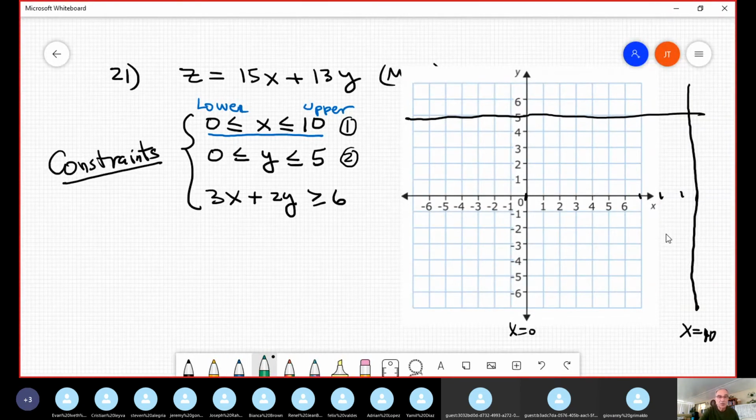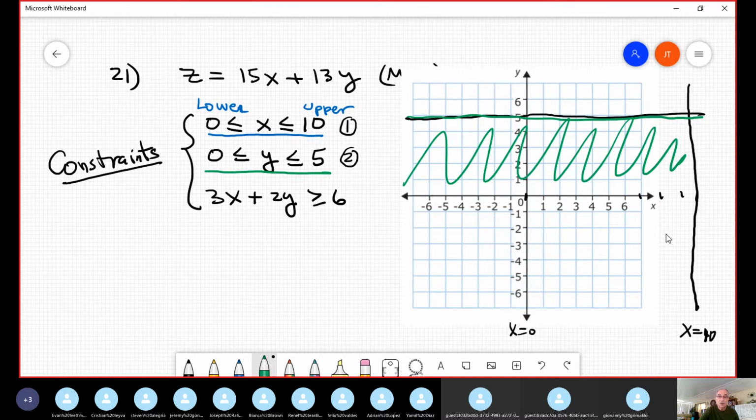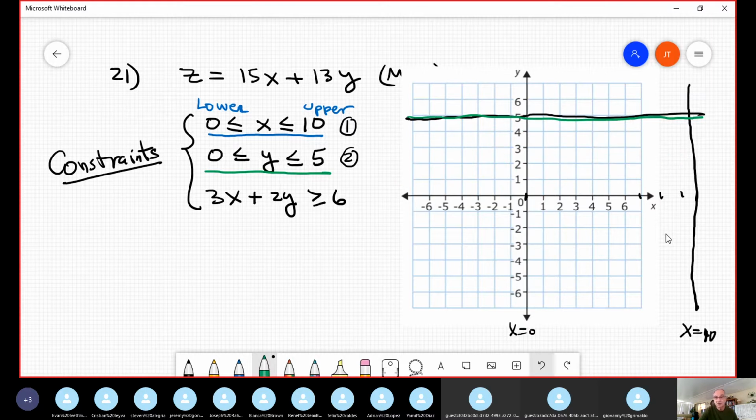And the second is from 0 to 5. The 0 for y is exactly coincident with the x-axis, and 5 is a horizontal line. The inequality number 2 should only be that part. Let me extend the axis a little bit.